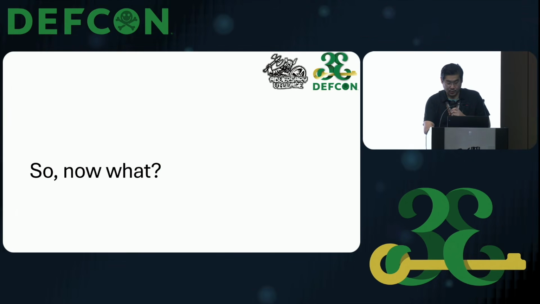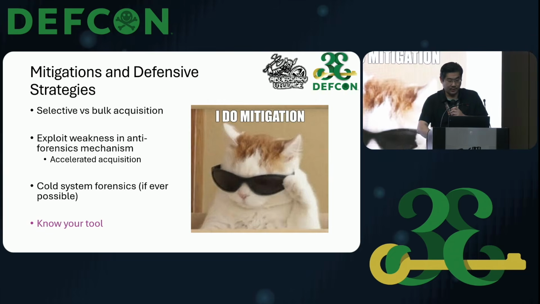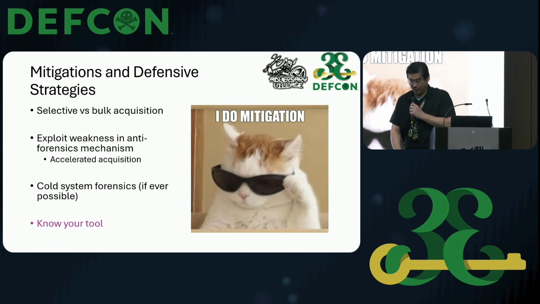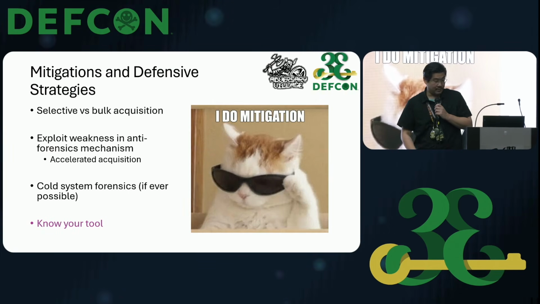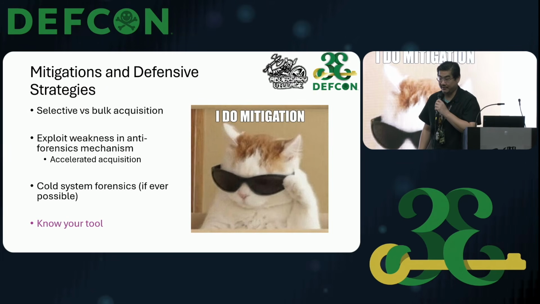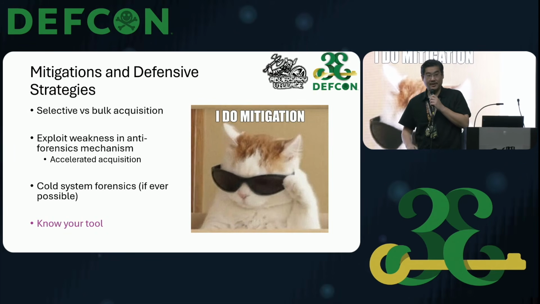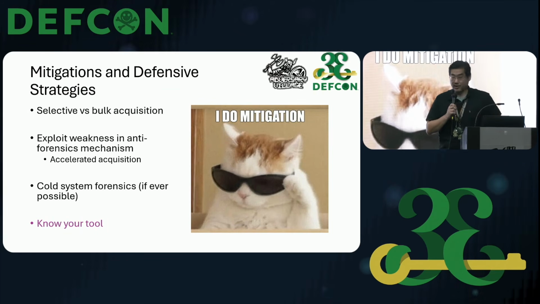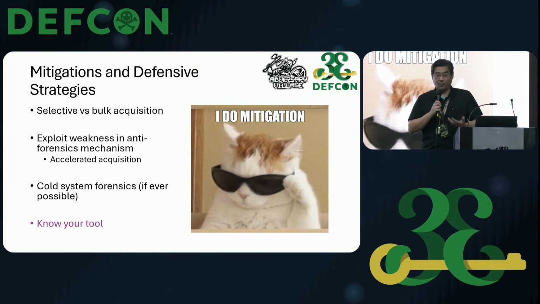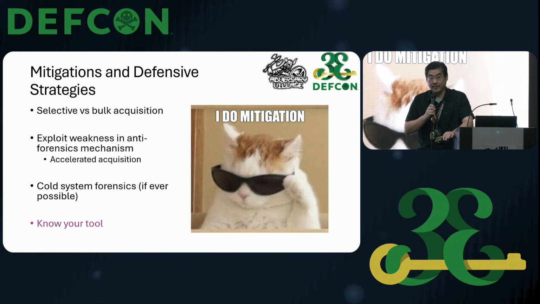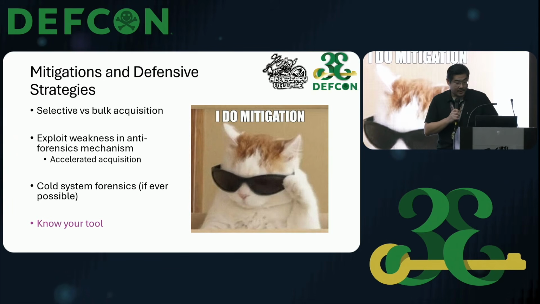So what can we do as defenders? If we're talking about tripwires, then maybe we shouldn't be so greedy. We should do selective versus bulk acquisition. The challenge, of course, is what does selective mean? That would require actually understanding the anti-forensic techniques or the tripwire that's being deployed.